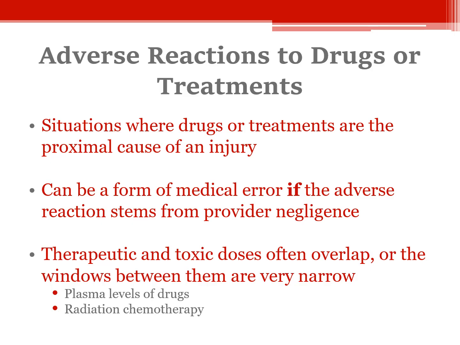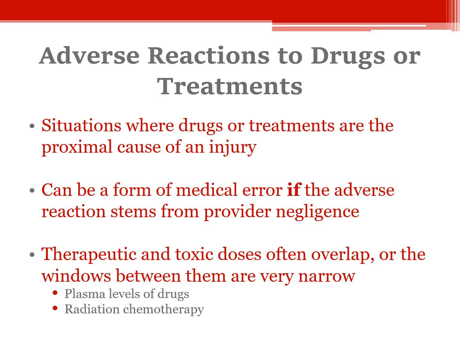Now we will talk about adverse reactions to drugs or treatments, which is a very common form of iatrogenic injury. This is basically any situation where drugs or treatments are the proximal cause of an injury, where without the drug or the treatment, the injury would not have occurred.